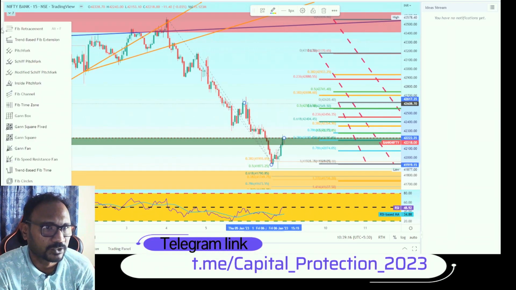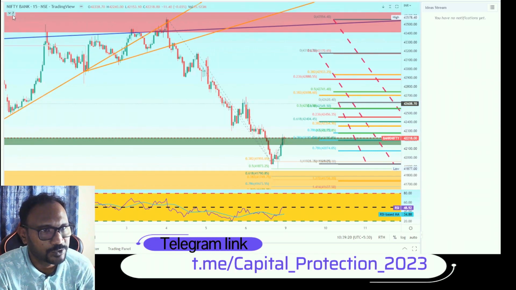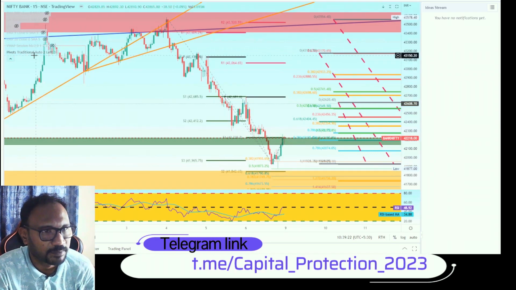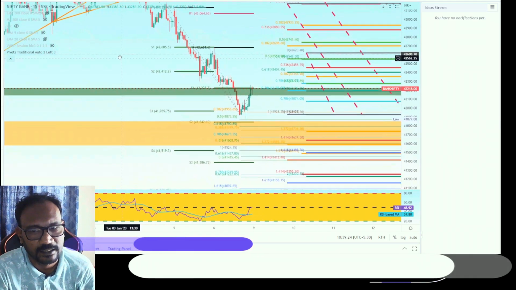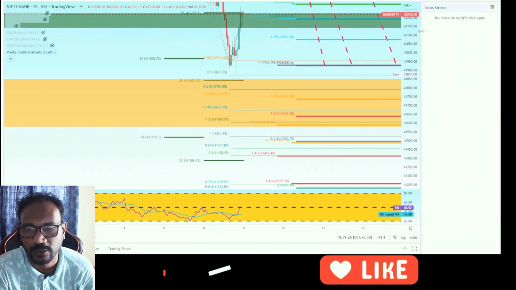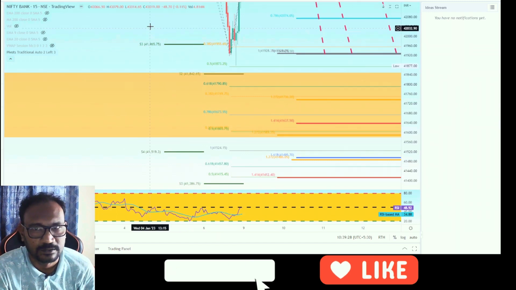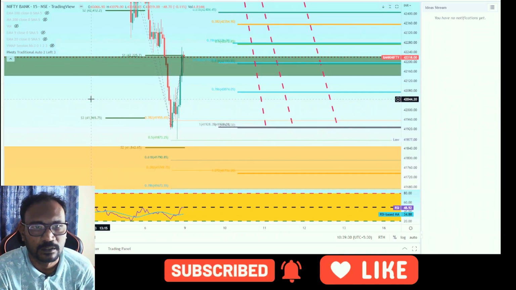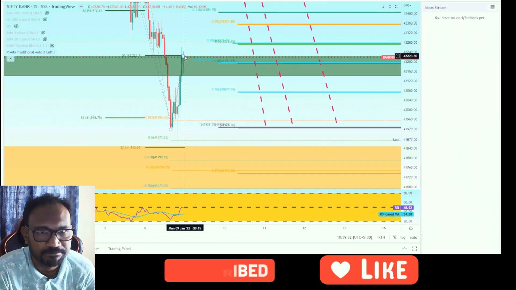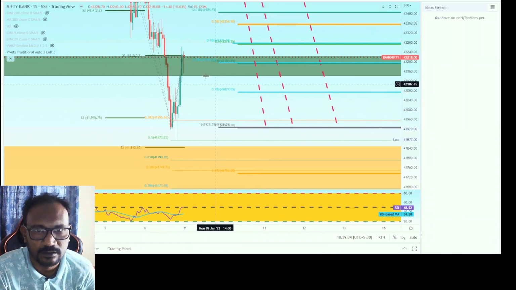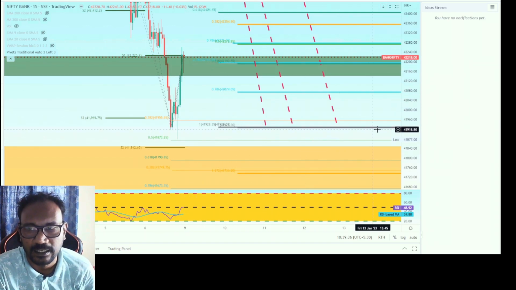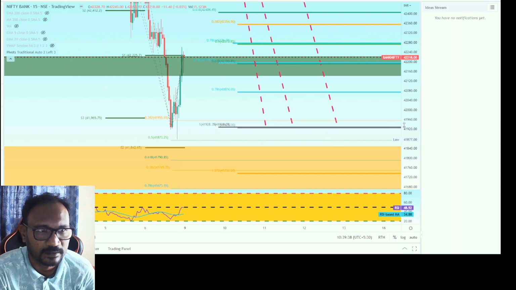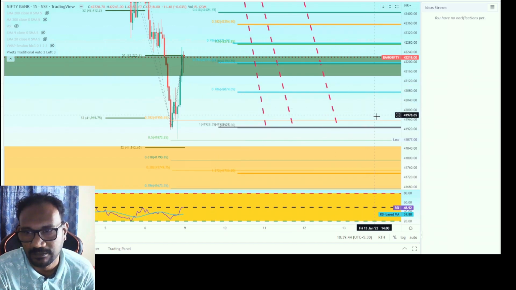Now let's go to pivots, enable it, and let's see how things are coinciding now. So market has closed here at 20 at this level, and as you can see, there are a lot of difficulties in finding the close levels.